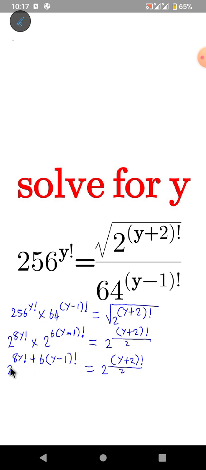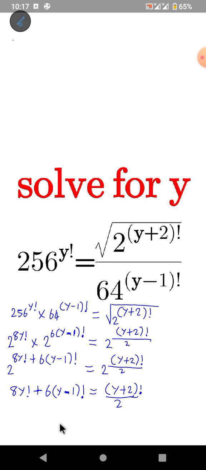Our next step now will be to equate the powers since the bases are the same. So I will write just the powers, equating them. Now here will become 8y factorial plus 6 bracket y minus 1 factorial all equal to y plus 2 factorial.